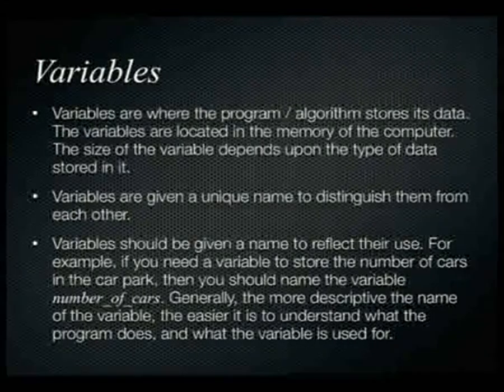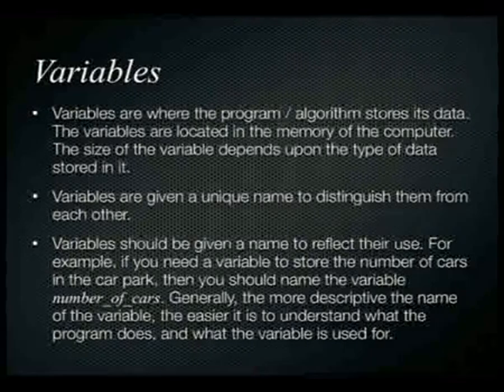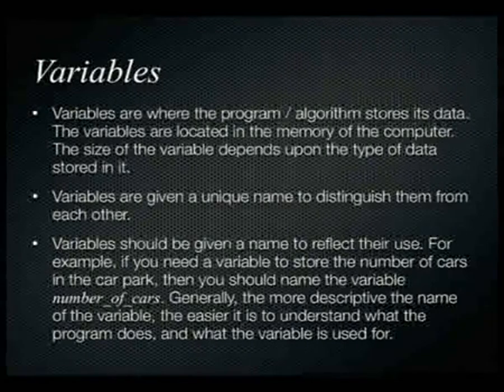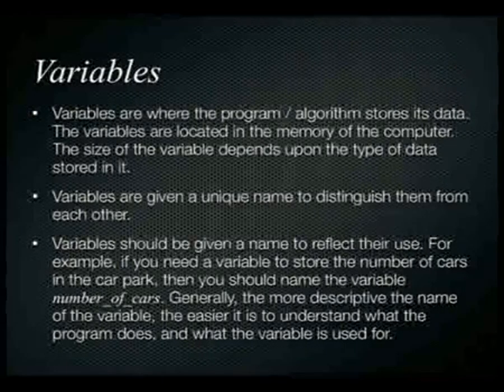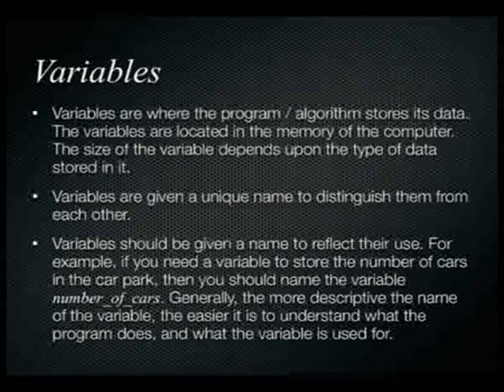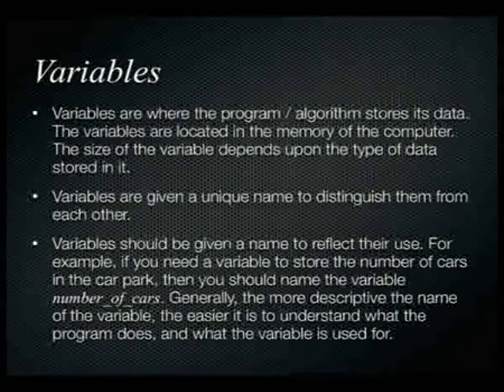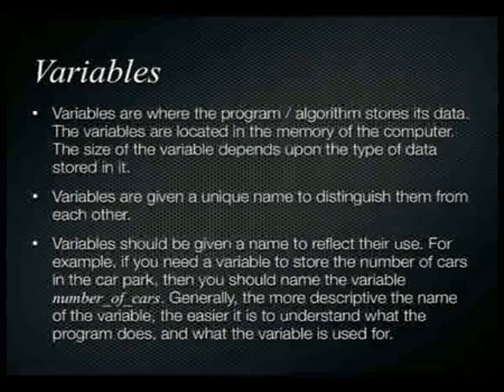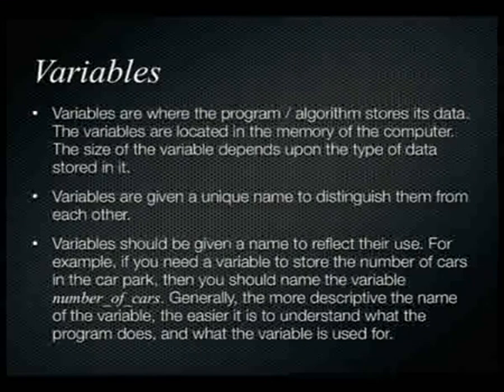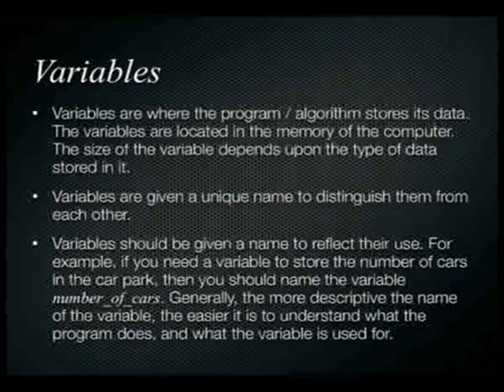We give variables a unique name and generally try to give them names that are descriptive. We try not to use the variable name A or B or C or D. We try to use variable names that clearly state what it is that we're storing inside them. That way, your code is very readable, and even the flowchart is very readable. It's very clear what the right-hand side of an equation is doing, because it's going into a variable on the left-hand side that clearly states what's happening.